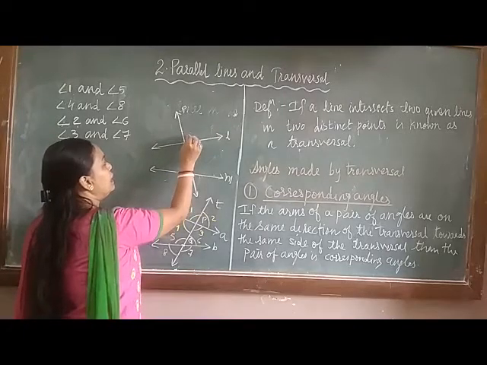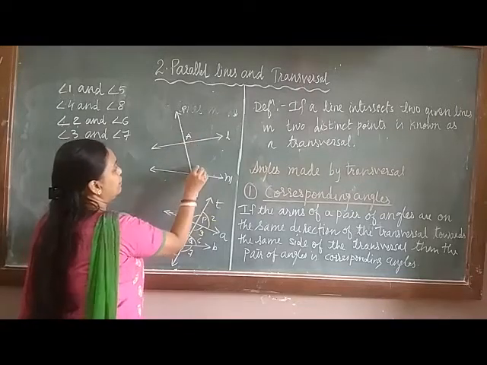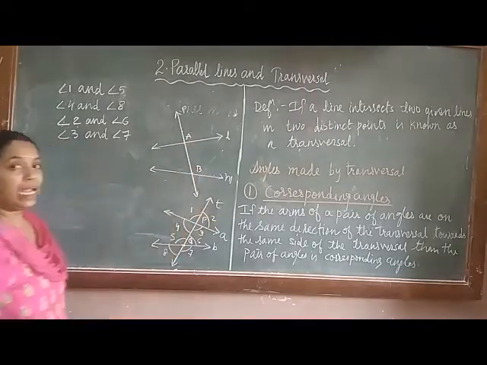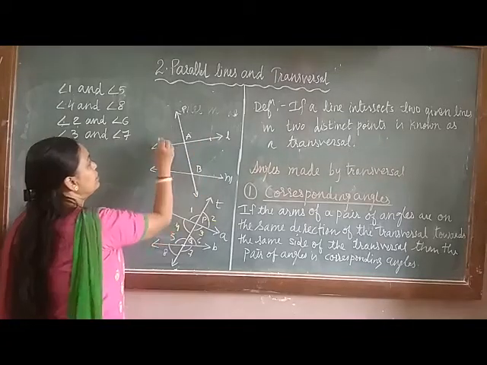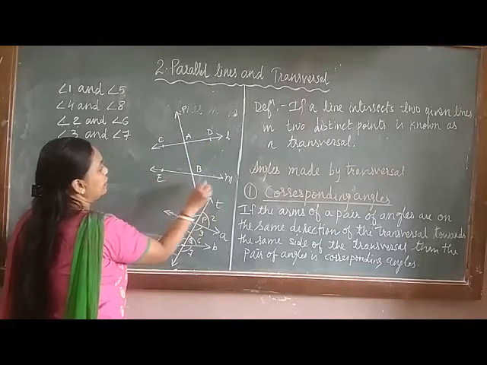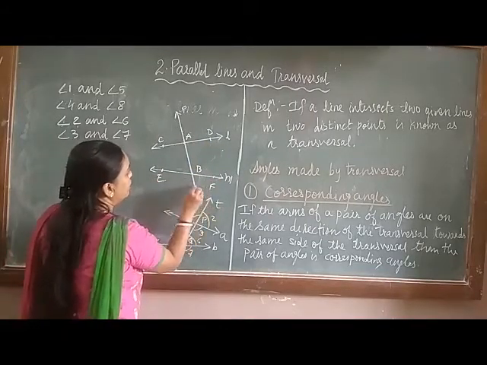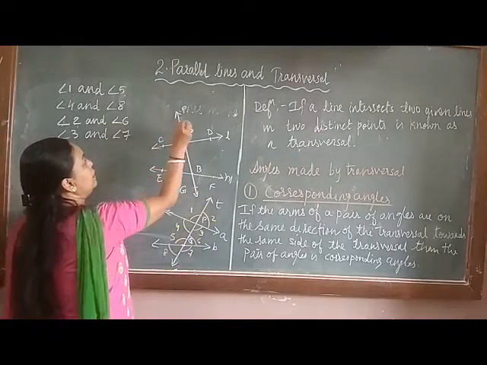You can name them A, B, and these points also you can name C, D, E, F, and here G, here H.